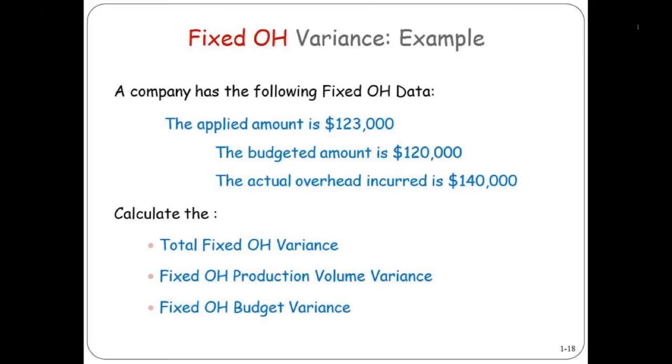You applied more than you budgeted for. What's this one? We're calling it the budget variance or the spending variance. Unfavorable. So this is not under applied. This is unfavorable. You spent more than you budgeted. And then your overall is 17,000.